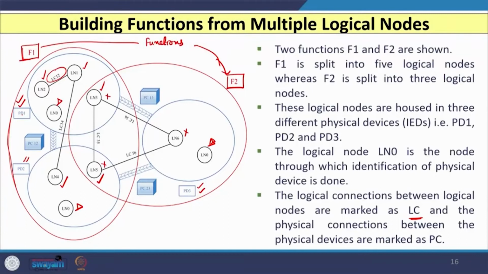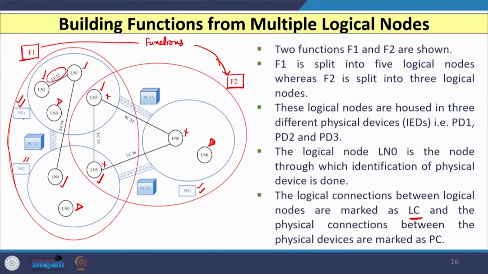Moreover, you can see that I have also shown a physical connection between two IDs. So, you can see here, for example, PD1, that is physical device 1, and PD2, that is physical device 2, or ID 1 and ID 2. I have represented this connection by PC12. So, it is a physical connection between 1 and 2, where 1 indicates physical device 1 and 2 indicates physical device 2.